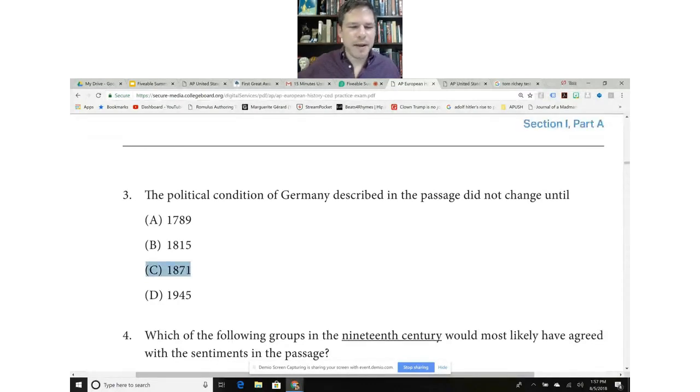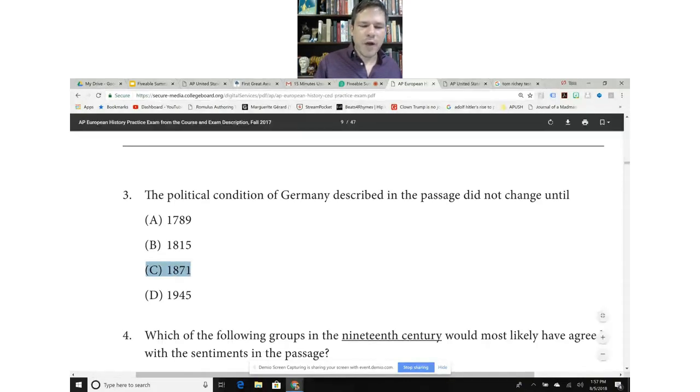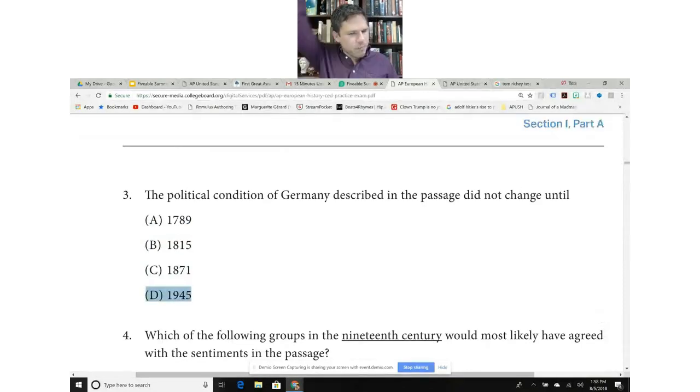Okay, there's nothing like that. All 3 of these years that are presented as distractors are years that a student should know. Beginning of the French Revolution, fall of Napoleon, end of World War II. And so all that's really required is for the student to place German unification in the late 19th century in order to get this answer.